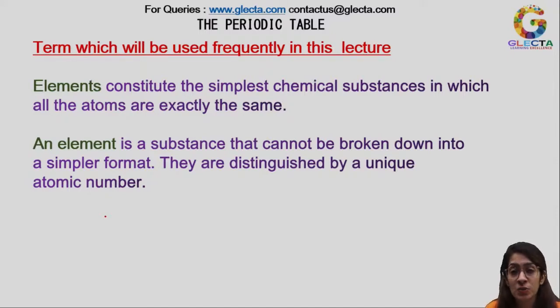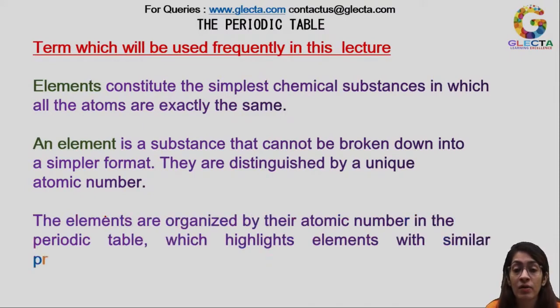So in the last video we had talked about the historical development of the periodic table, correct? And now in this particular video, we'll be discussing how the different properties vary when they are arranged in different groups and periods.